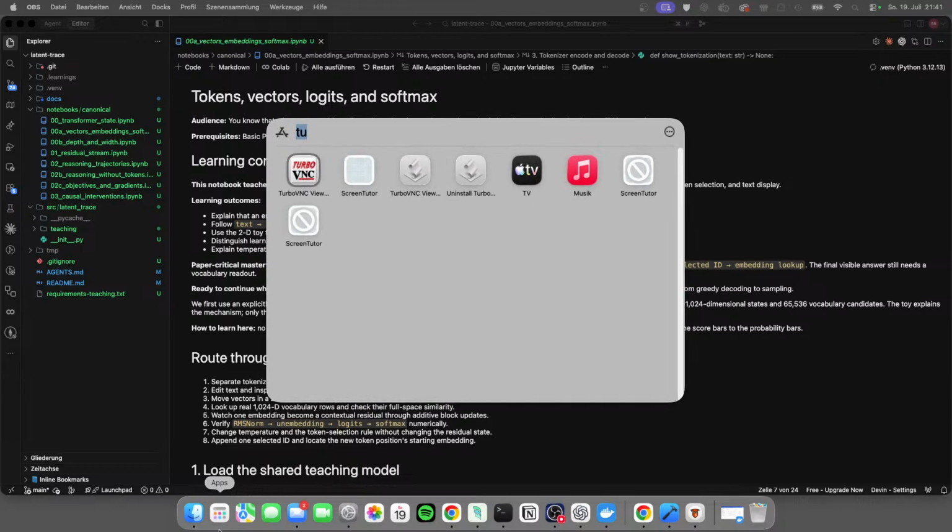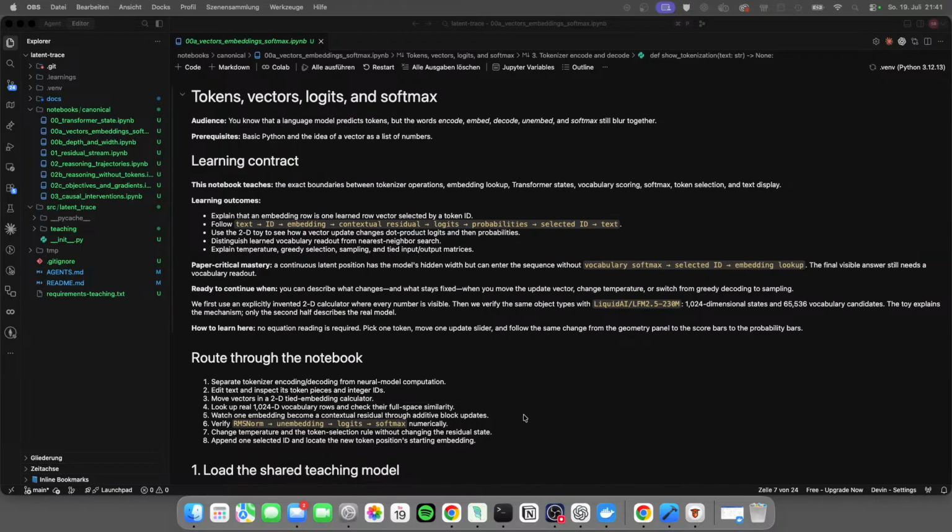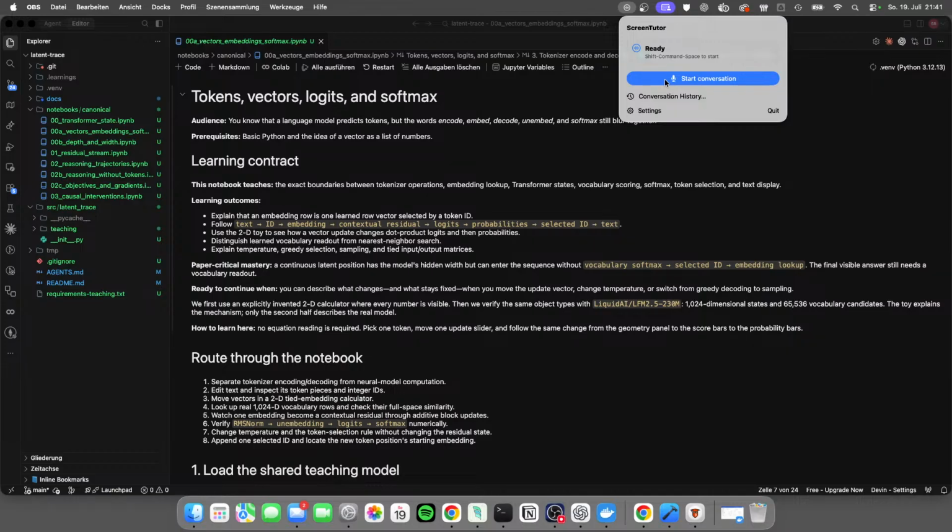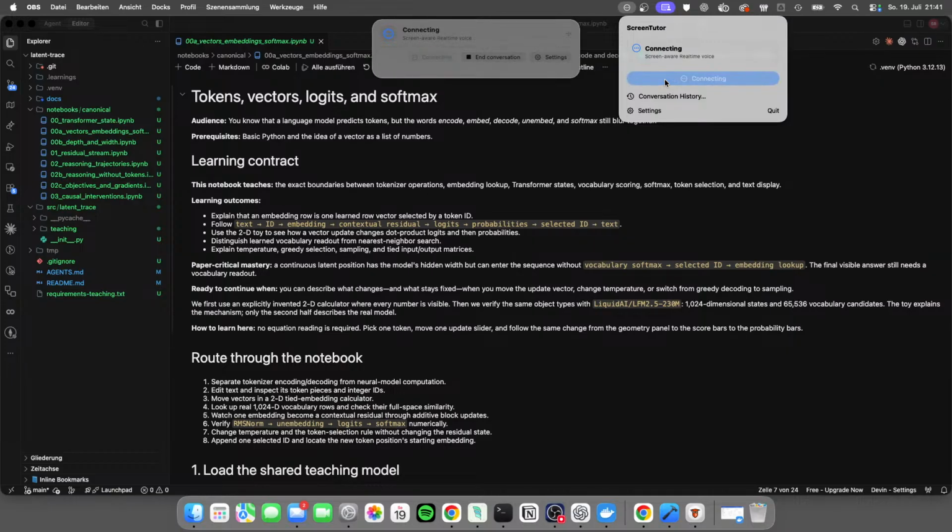Let's try again. Oh man, if this could work, please. So let's try again. Oh, that's already taking too long. Why the heck is it that slow?